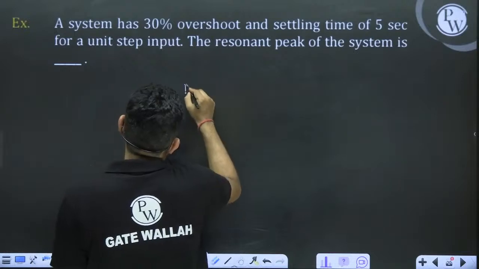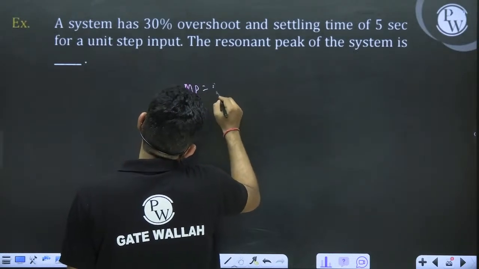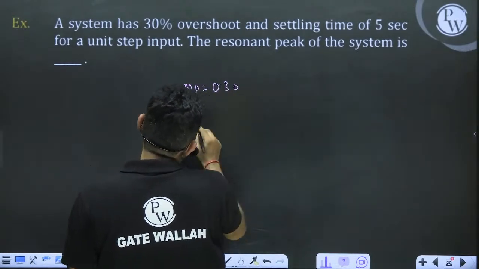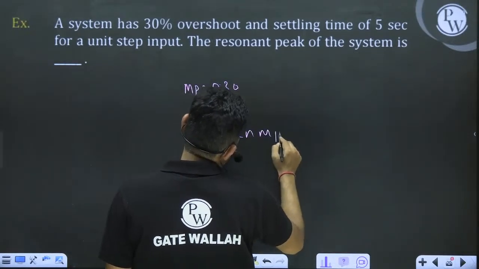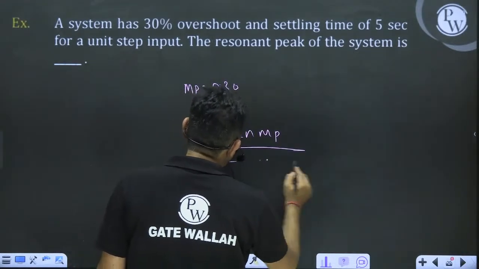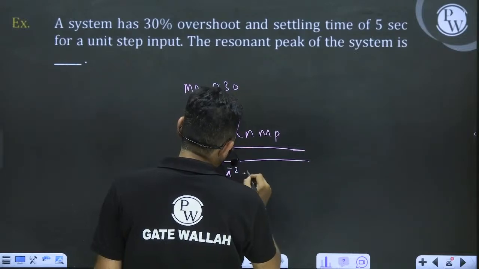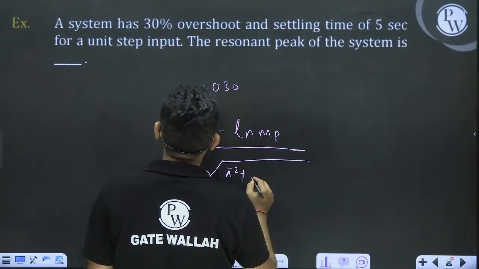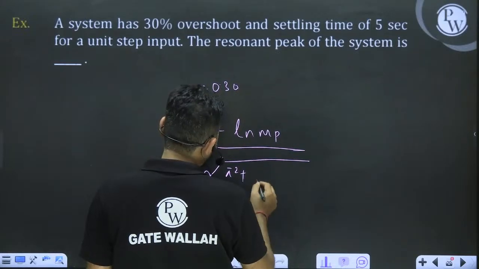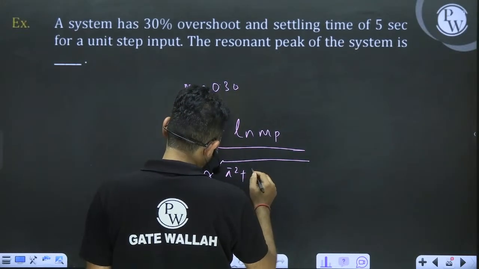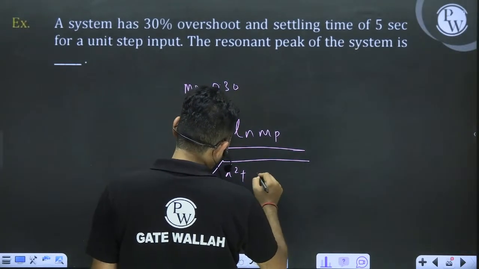0.3 is the MP. This means that zeta is minus ln MP divided by root of pi square plus ln MP whole square.